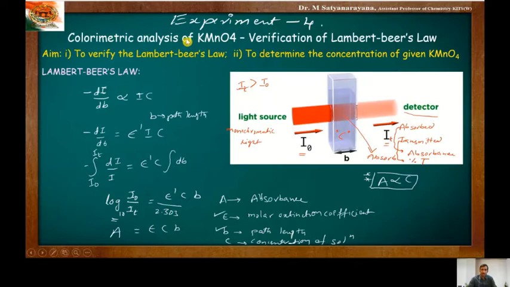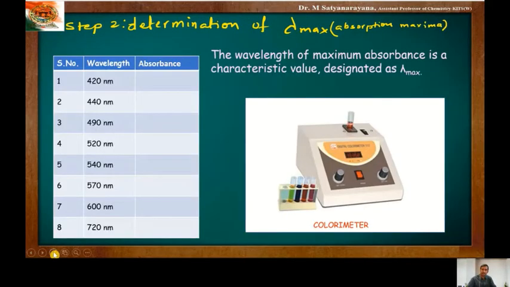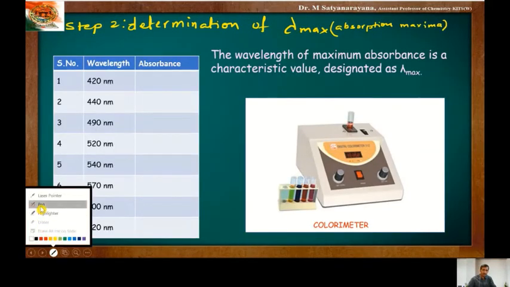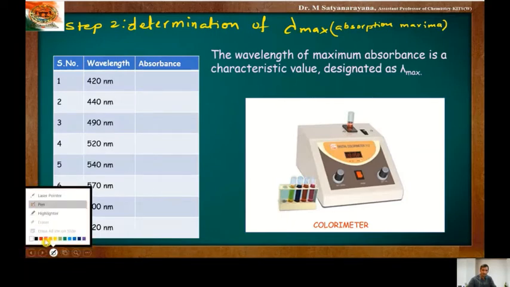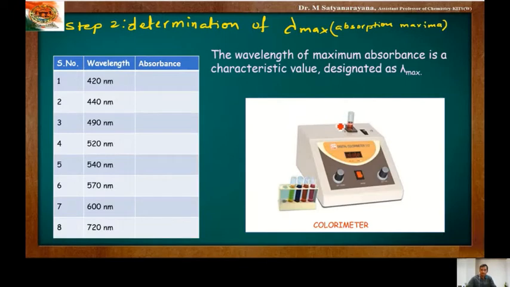In this method, we'll use an instrument called a colorimeter. This is the colorimeter instrument, and in this colorimeter, generally the light passes in this direction. We have a filter here which has different wavelengths, so that the light will pass only a fixed wavelength. That's why we call it monochromatic light.